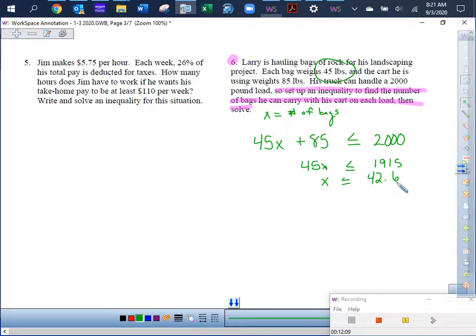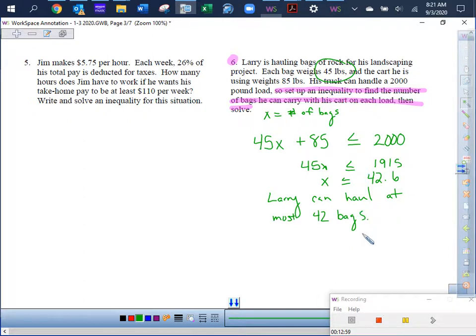So how many bags of rock, if the bags of rock have to be less than or equal to 42.6, could he get 43 of them on there or 42 of them on there? Less than, right? Less than this. So we will answer in a sentence: Larry can haul at most 42 bags.